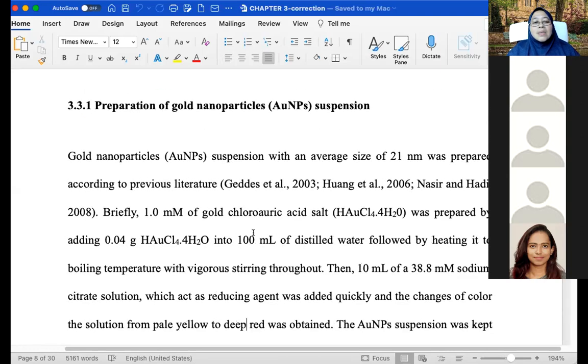So you can see here he cited the researchers because the preparation is adopting their method. So if you have any improvement, you could just add it with a minor adjustment or minor improvement. Okay.